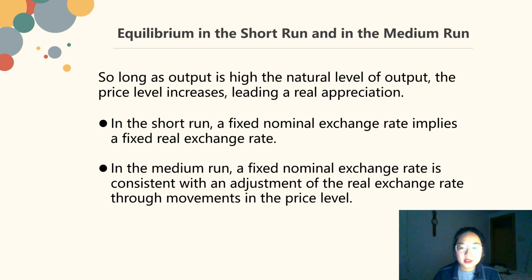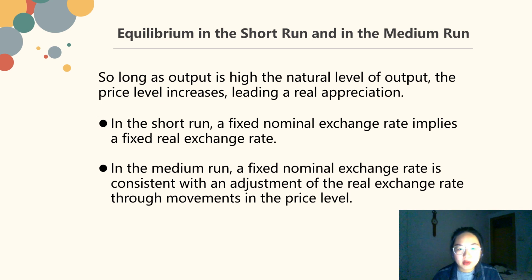In a fixed exchange rate regime, the price increase will lead to a real appreciation. So the real appreciation, moving to the right side, can return the economy back to the natural level of output. So long as output is higher than the natural level of output, the price level increases, leading to a real appreciation.